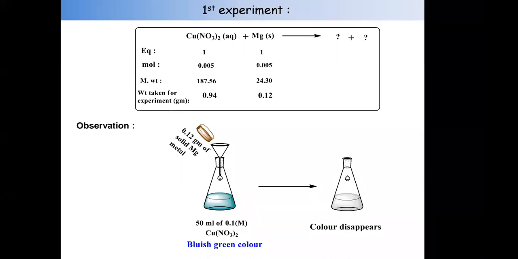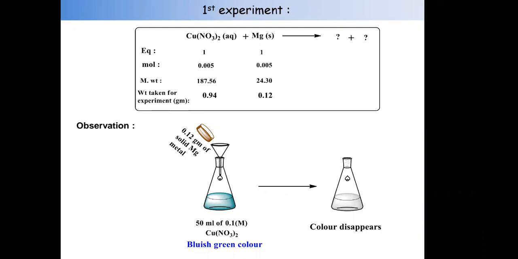Each of these reacts with the other in one equivalent amount. So 0.005 mole of copper nitrate will be able to react with 0.005 mole of magnesium solid. Molecular weight of magnesium is 24.30.